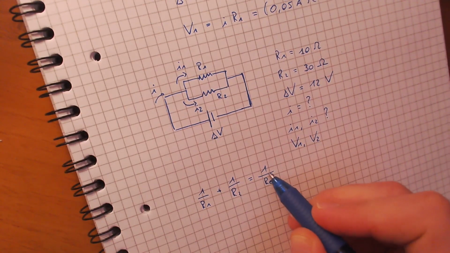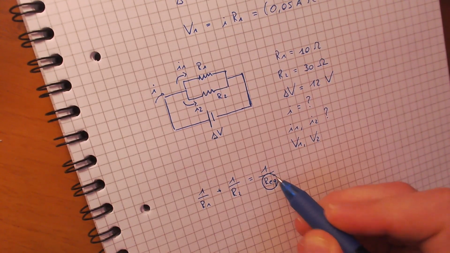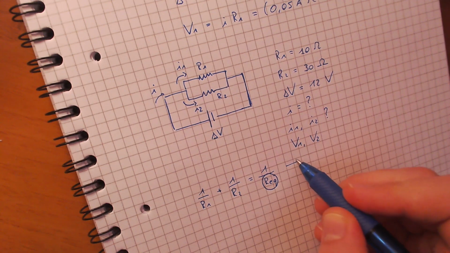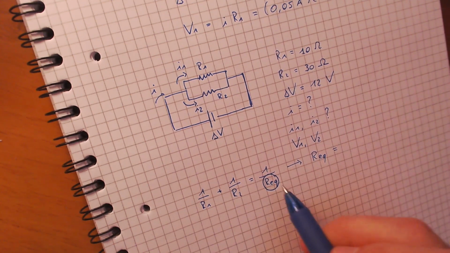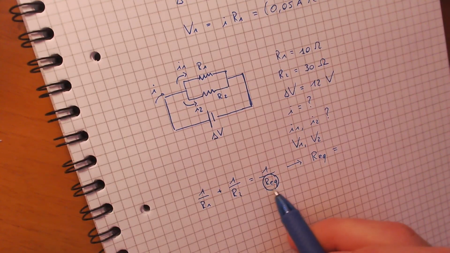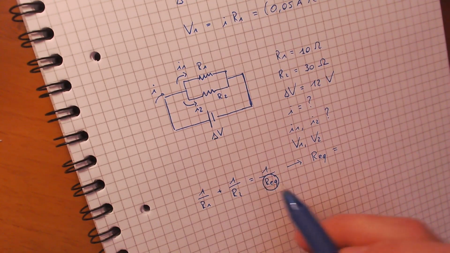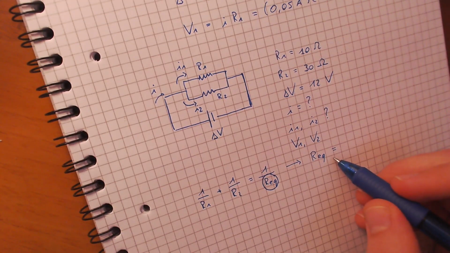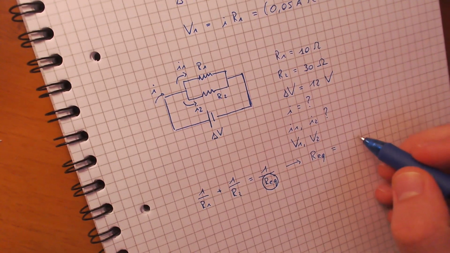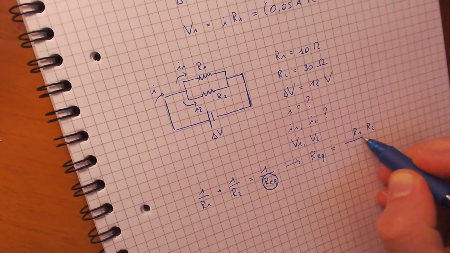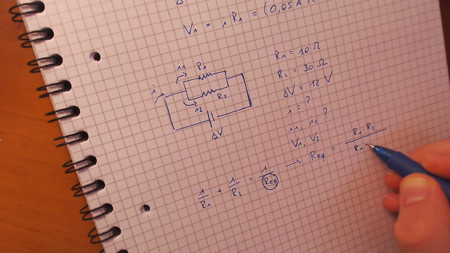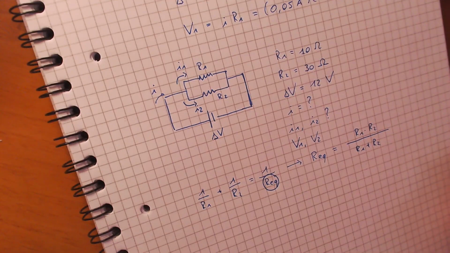Okay, so we have to find the equivalent resistance here, so that means that if you work on this equation, you can find that R equivalent is given by R1 times R2 over the sum R1 plus R2.